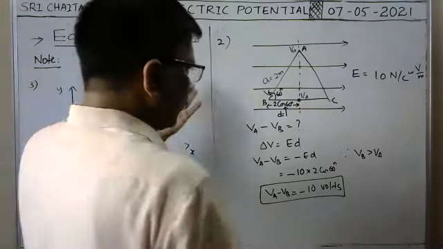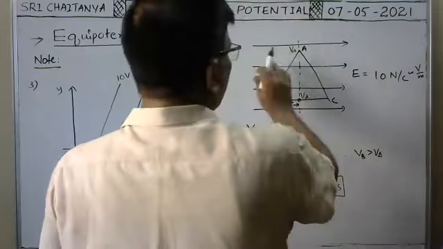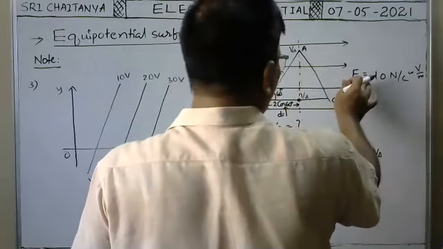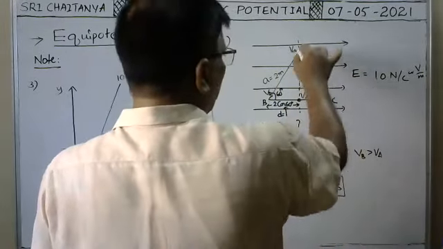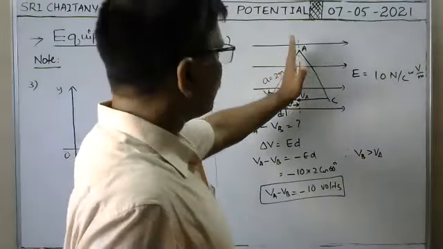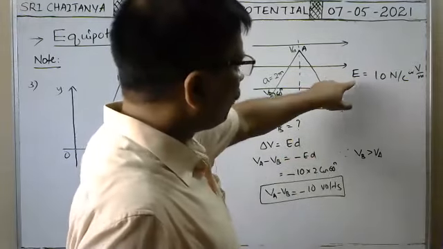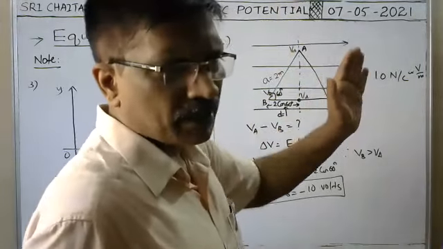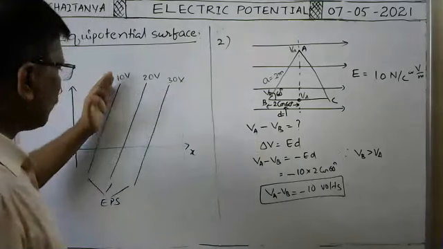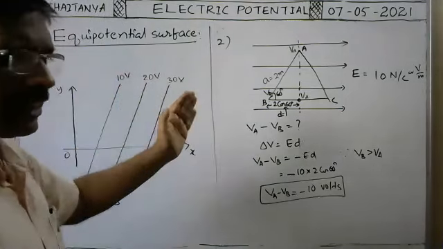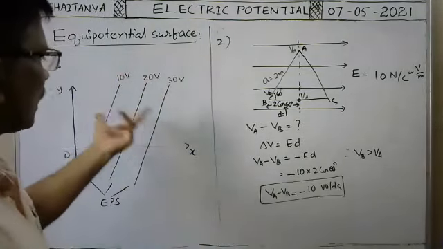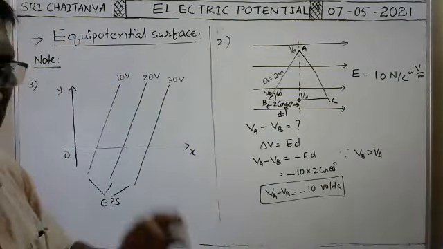Uniform, because just before we discussed it, in case of uniform electric field, if you draw the equipotential surface, we get plane surfaces. So in case of uniform electric field, the equipotential surfaces are plane surfaces, all parallel to each other. That's why definitely here a uniform electric field is formed.